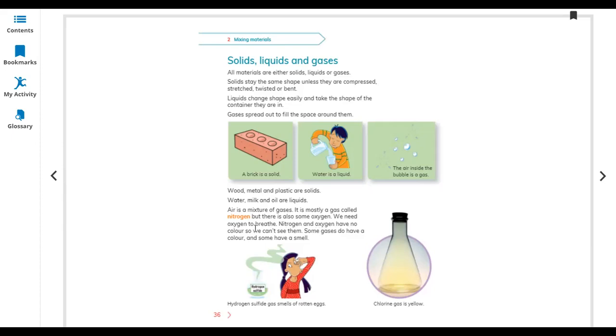Nitrogen and oxygen have no color, so we can't see them. Some gases do have a color and some have a smell. Chlorine gas is yellow. If we hold it in a container like this, we can see its yellow color. And hydrogen sulfide gas has the smell of rotten eggs.